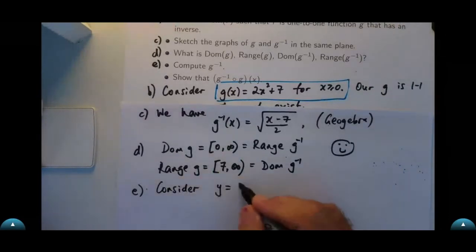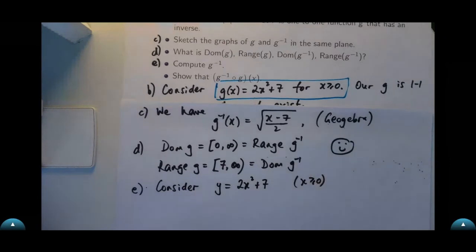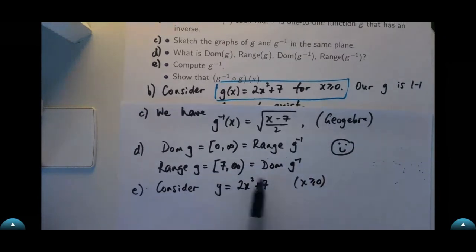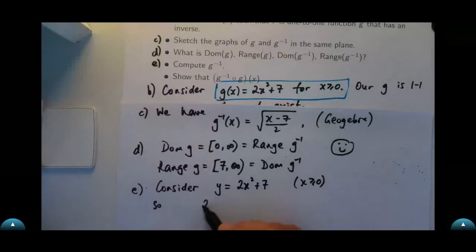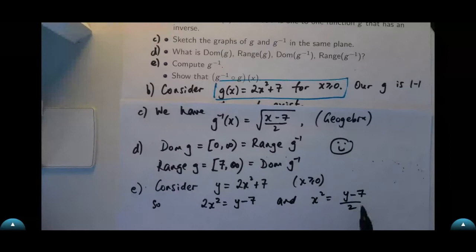So I'm going to let y equal 2x squared plus 7, where x is greater than or equal to 0. And what I'm going to do is rearrange to make x the subject. So I've moved the 7 to the other side, divide everything by 2, and now take the square root.